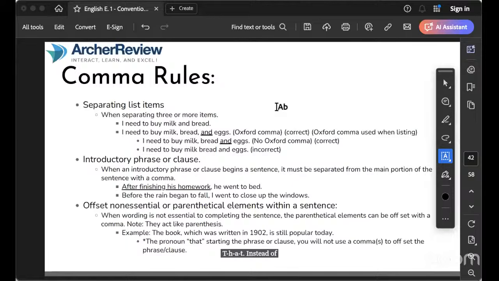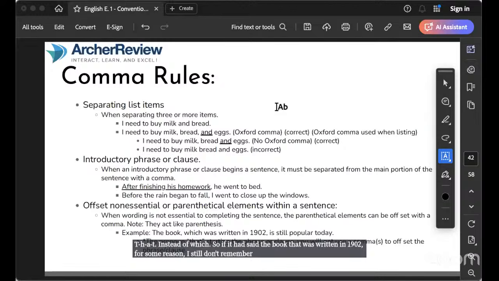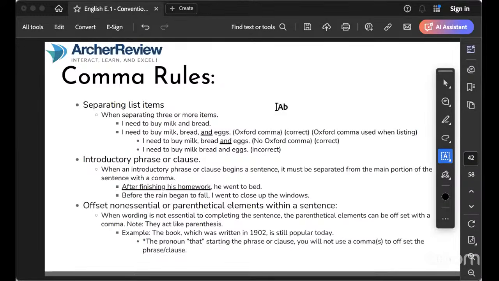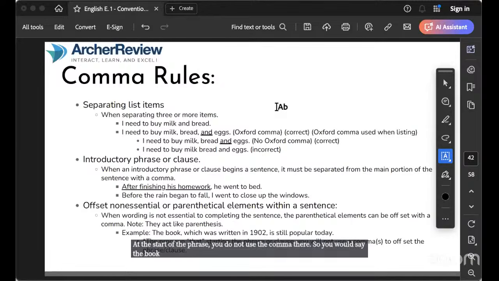So if it had said the book that was written in 1902, for some reason, I still don't remember this one. If I ever learned it, I don't remember why. But I just remember that if you have that at the start of the phrase, you do not use the comma there. So you would say the book that was written in 1902 is still popular today. You wouldn't put commas. That's the only exception to that rule.